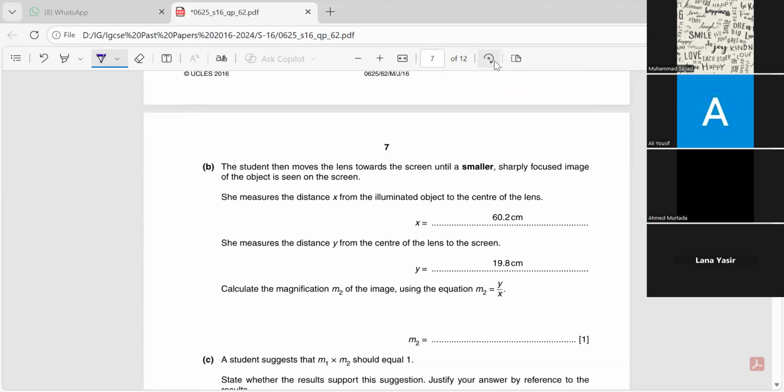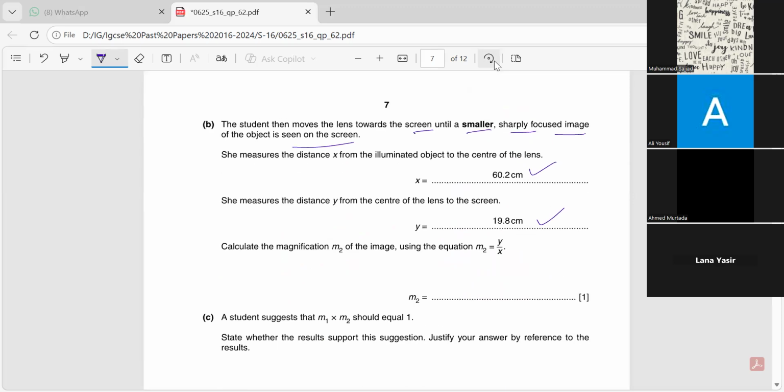Let's move forward. Now, the student then moves the lens towards the screen until a smaller, sharply focused image of the object is seen on the screen. So she measured the distance x from the illuminated object to the center of the lens. Y is this, and now M2 is equal to y over x. So it means now 19.8 over 60.2.